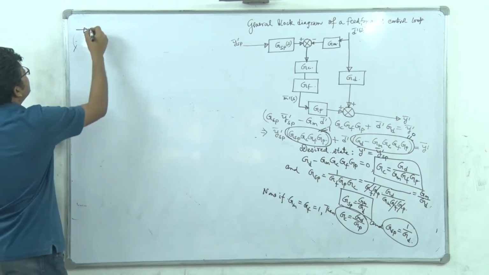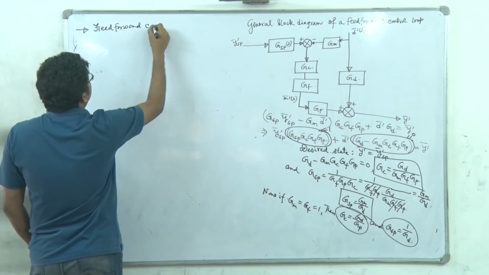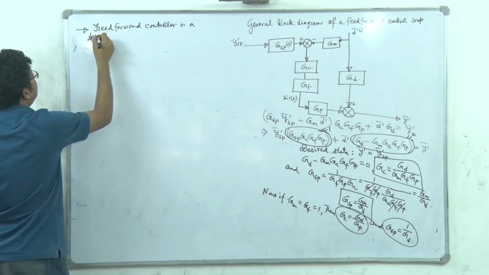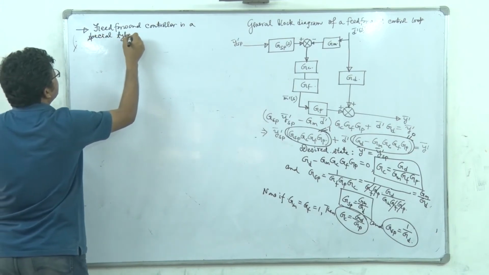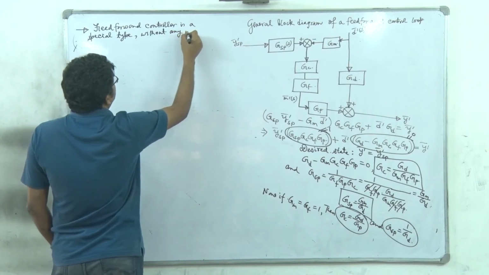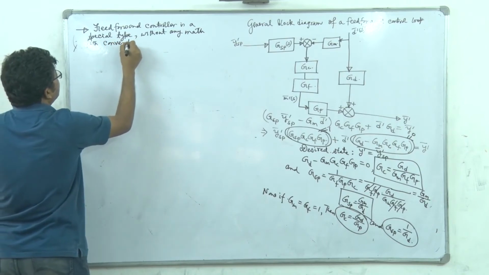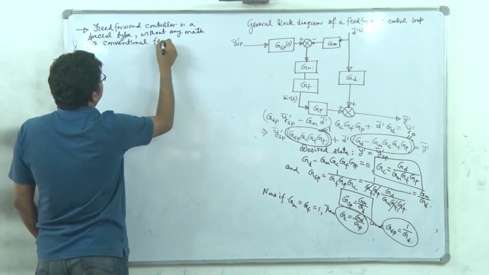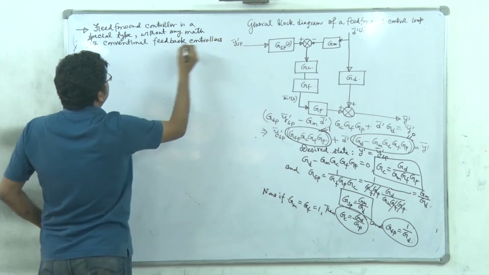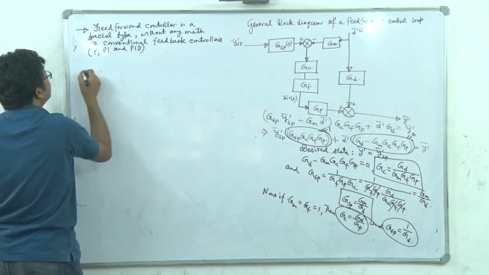The first one: feed forward controller is a special type of controller, special type, without any match with conventional feedback controllers: P, PI and PID. First.